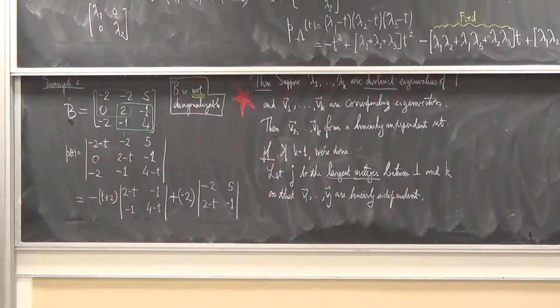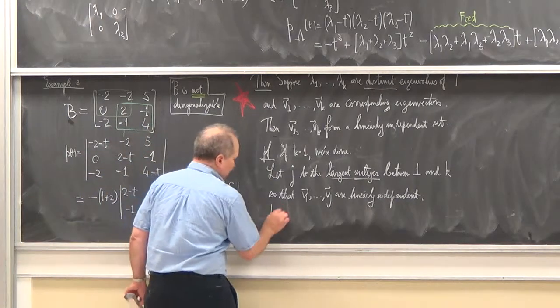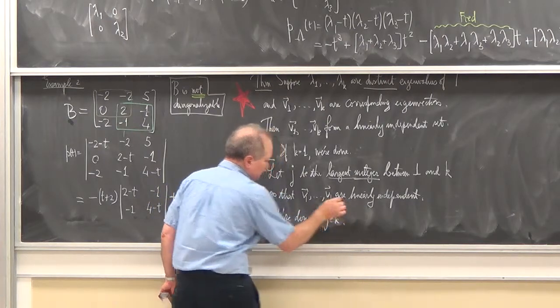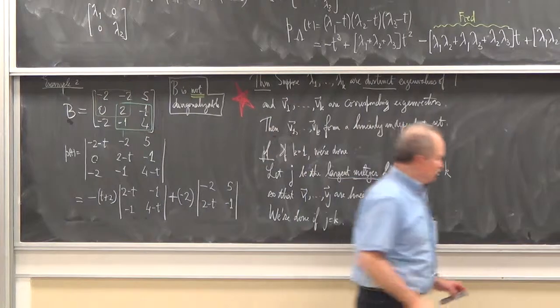So I win if j equals k, we're done. So let's suppose j is less than k.